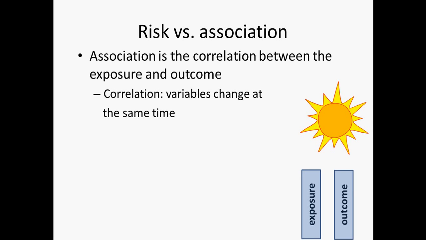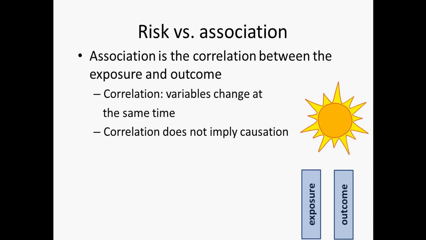So what's important to remember is that just because both the variables change, it does not mean that one causes the other to change. In other words, correlation does not imply causation, because there may be some unknown factors which may cause both the exposure and outcome to change.